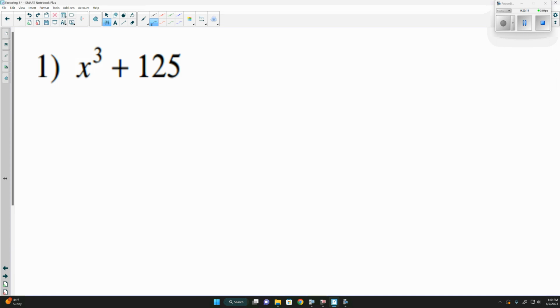So when we look at our first one here, x cubed plus 125, there is no greatest common factor. So we can start off by taking the cubed root of the first and second terms. Now we do this for two reasons. One, to find out what the value of a and b is, or the first and second term is, that we're going to be using, as well as determining if these are two perfect cubes.